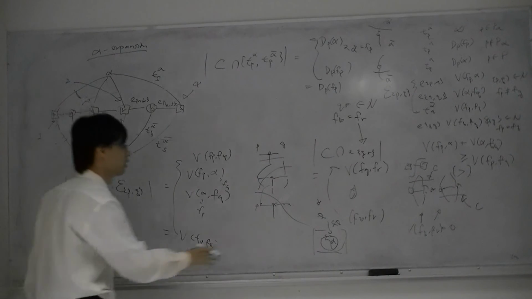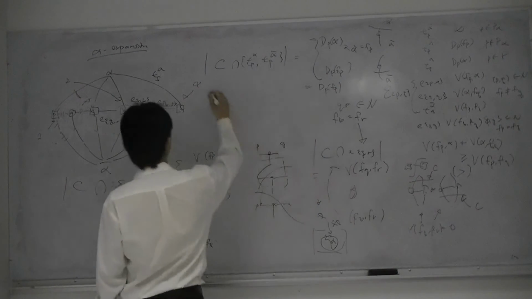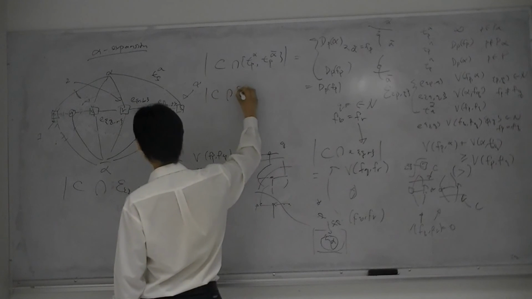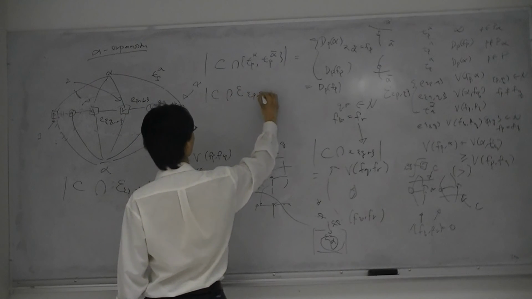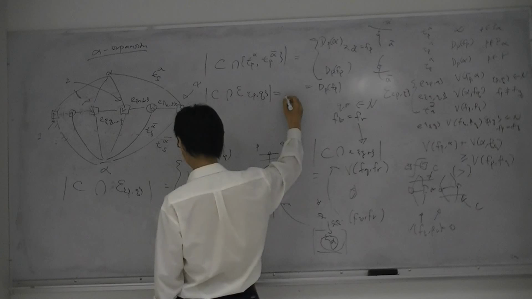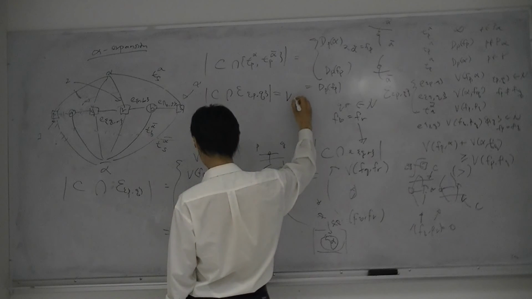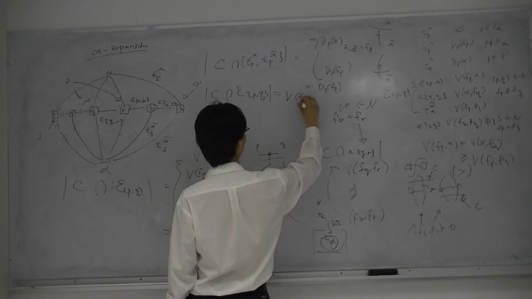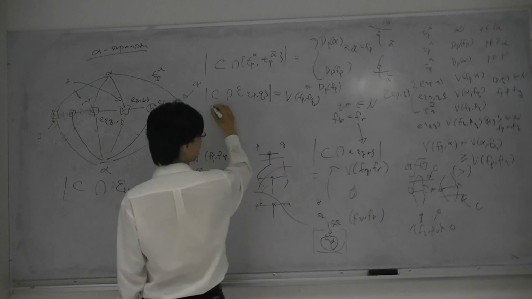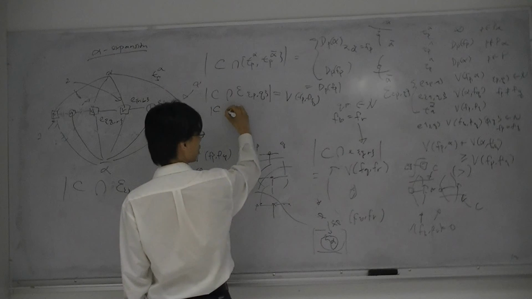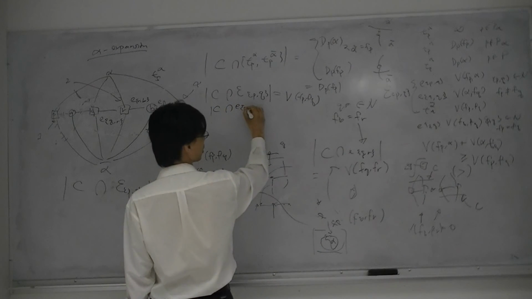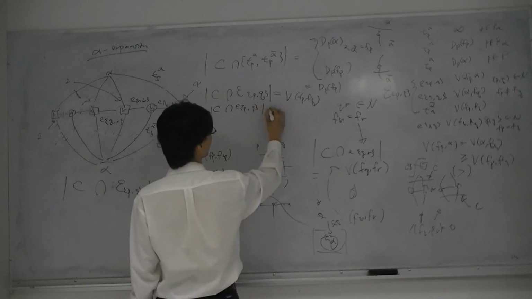So I can write here C D P Q is equal to V F P F Q C D P Q, or like QR anyway.